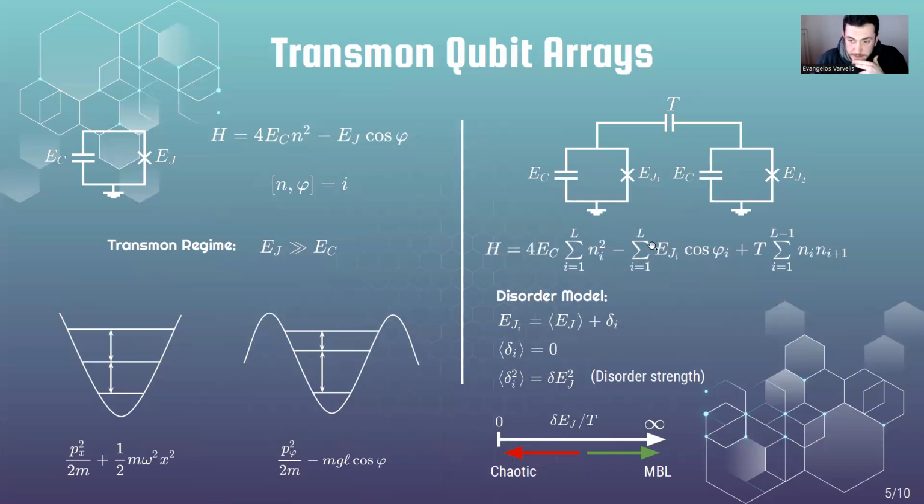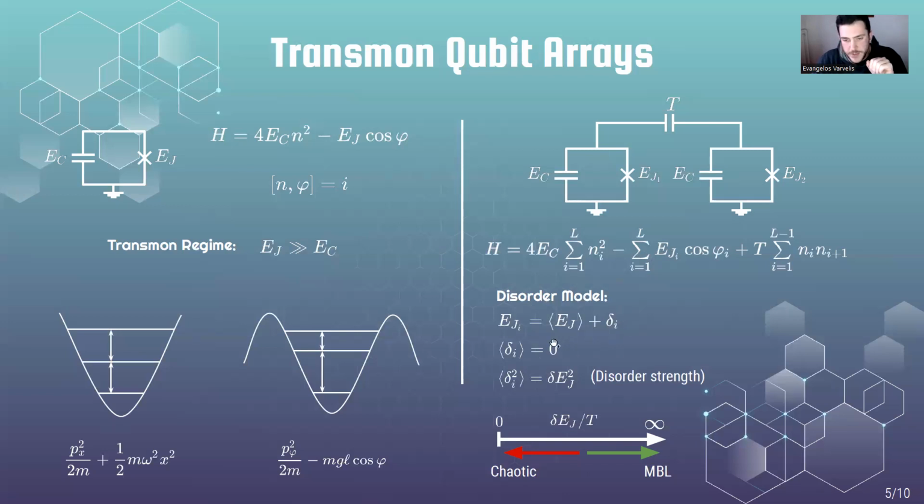What you might have noticed here is that the Josephson energy of each qubit is allowed to vary from qubit to qubit. And in fact, this is how we model our disorder in the system. We have all these Josephson energies centered around some value, let's call it EJ, and then we allow for some Gaussian random fluctuations delta_i around that value.